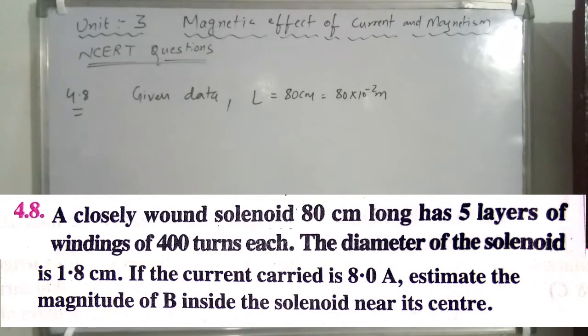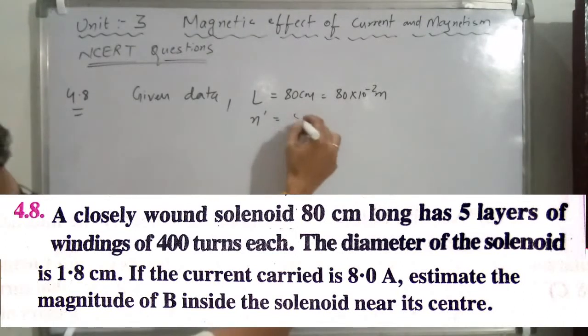Now there are 5 layers. Number of layers you can write as small n dash. There are 5 layers, and the number of turns in each layer you can write as small n, which is 400.